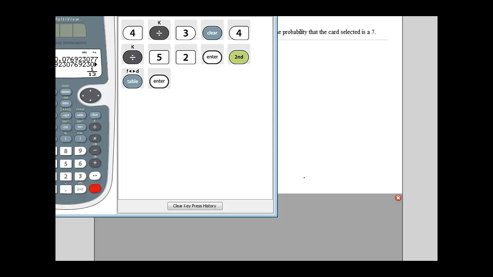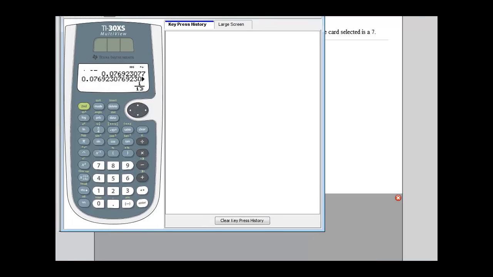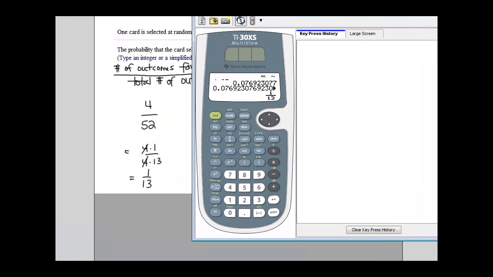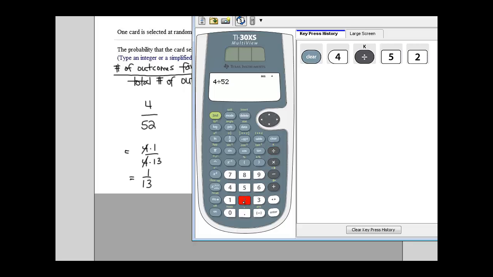Also, using your calculator, if we were to type in 4 divided by 52 and press enter, that would give me the decimal equivalent.